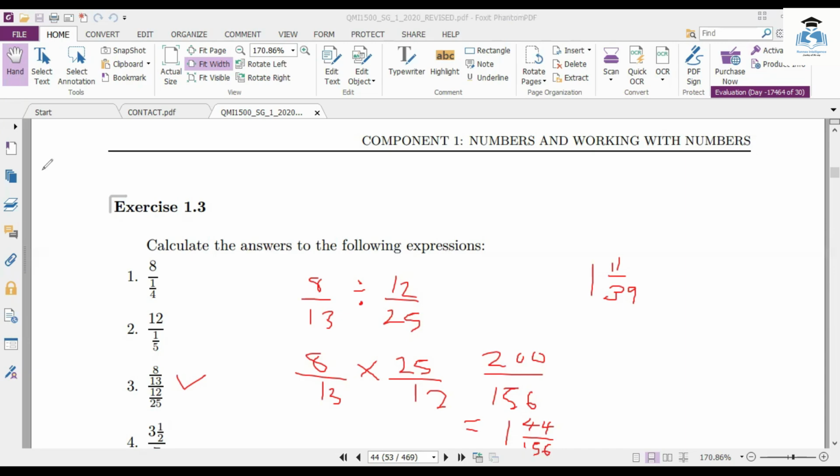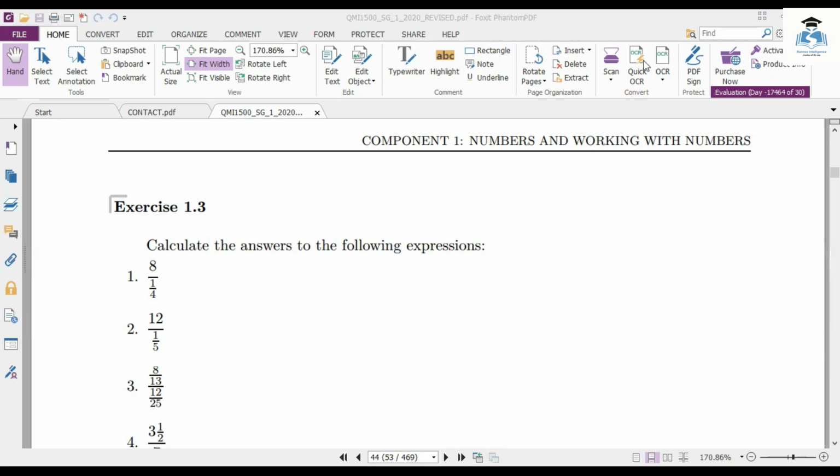Then if you want to punch this one on your calculator directly, you use the fraction button, 8 over 13, then remove this, then you just do divided by, then you press again 12 over 25. Then it will give you the answer.